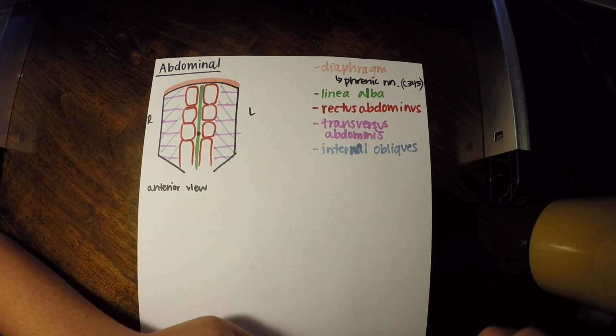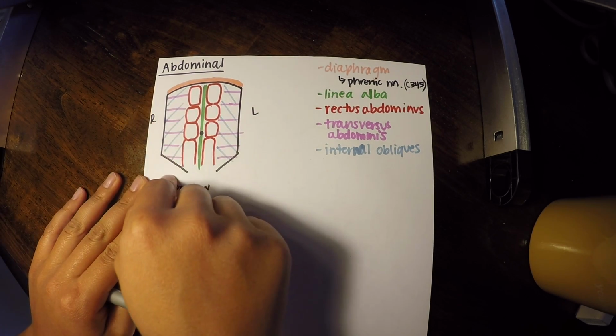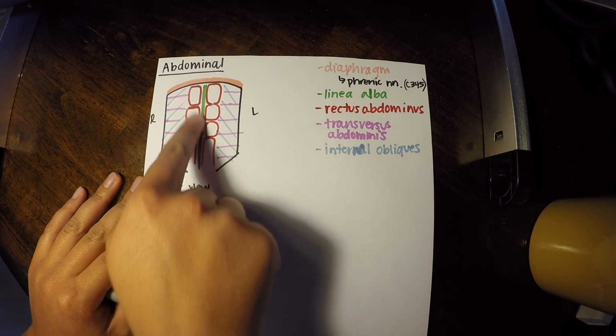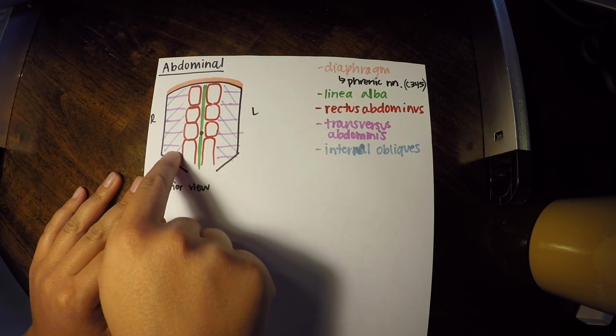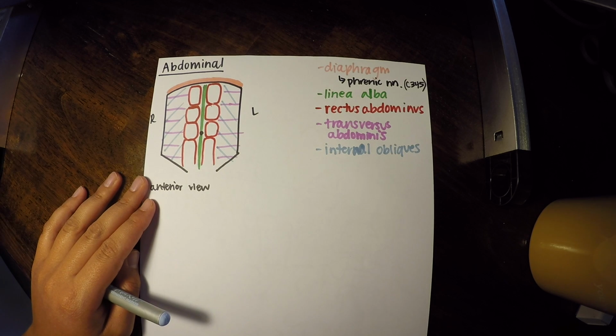And what the internal obliques do is they help with what we call ipsilateral trunk rotation. So they help with us rotating our body to the same side. So the right side of our right-sided internal obliques will help us turn our trunk to the right, and our left-sided internal obliques will help us turn our trunk to the left.